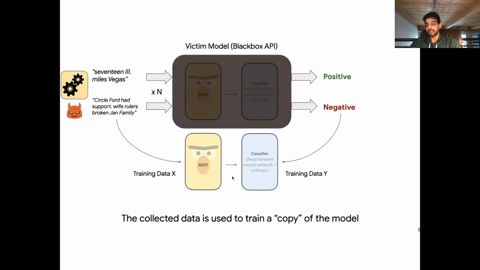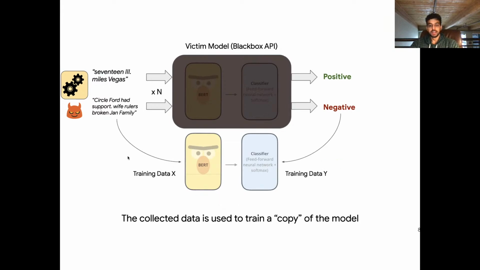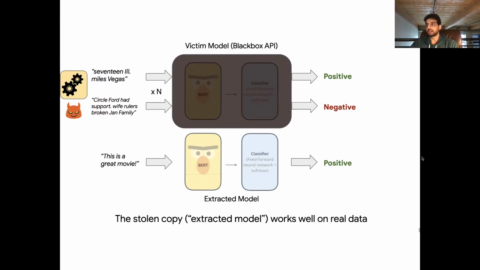So now I have my fine-tuned stolen model, which we call the extracted model, and it is able to make legitimate predictions despite not even seeing a legitimate instance of the sentiment task during the fine-tuning process. So this extracted model can predict, given this is a great movie, that this sentence has positive sentiment.